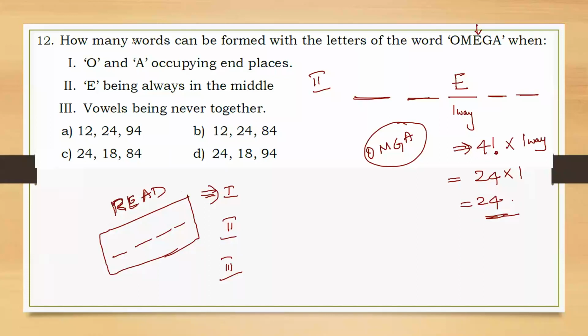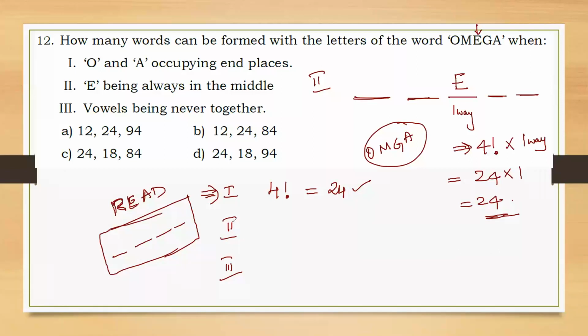Number of ways with no condition: 4 letters, 4 places, so 4 factorial. This is the total number of ways. You can put any letter in any place.